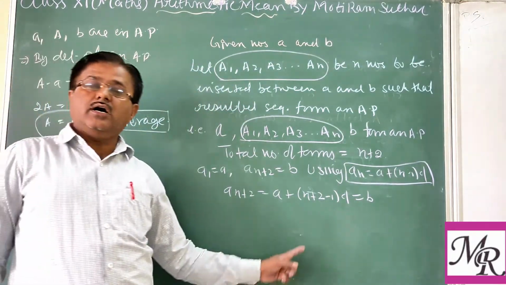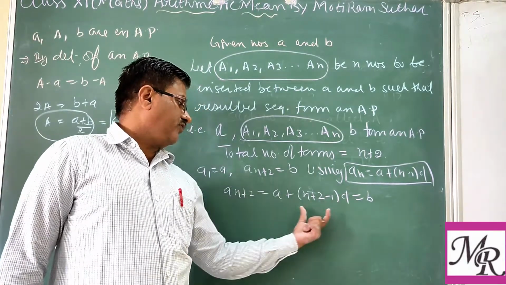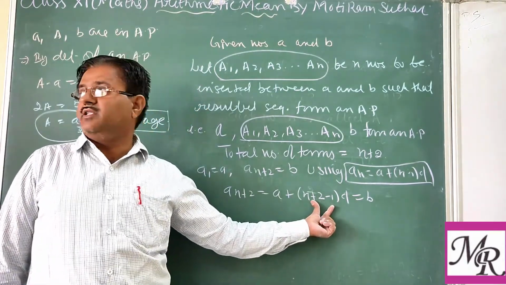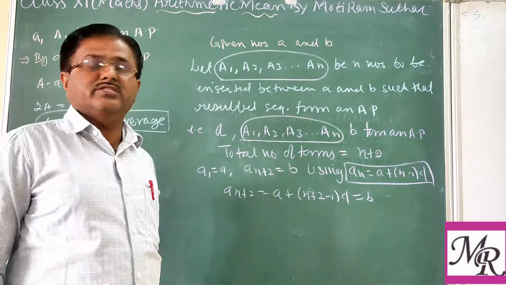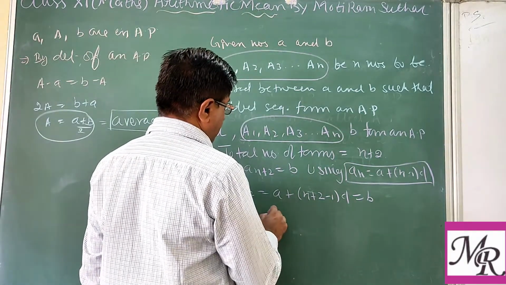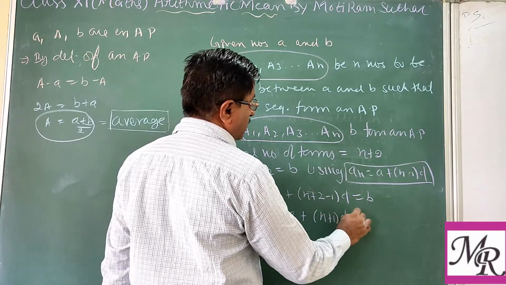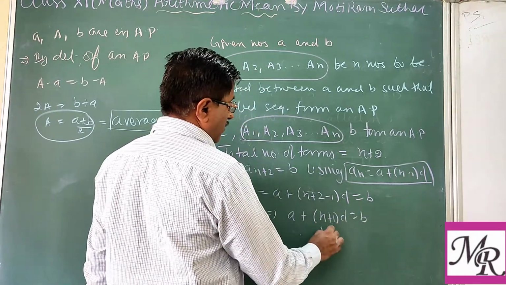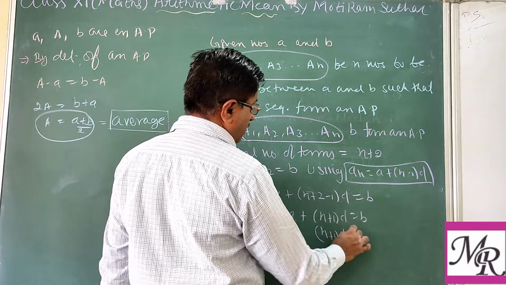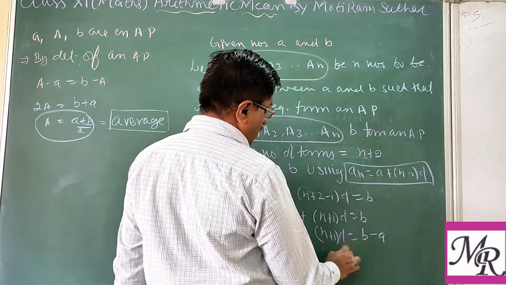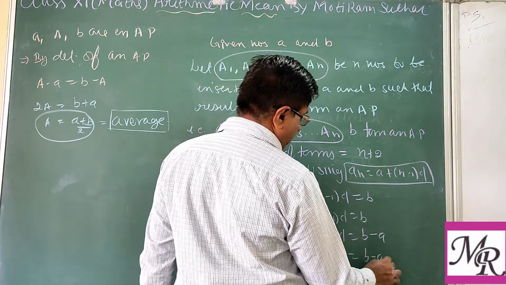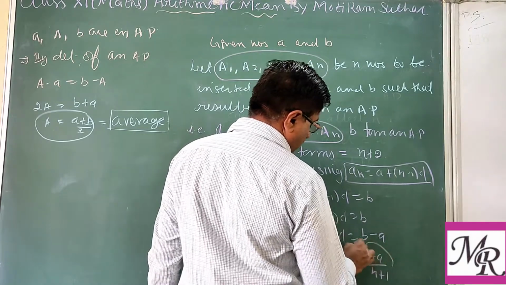From this we can find the value of D, that is the common difference. So this will be A plus n plus 1 into D equal to B. So n plus 1 into D equal to B minus A, or D equals B minus A upon n plus 1.